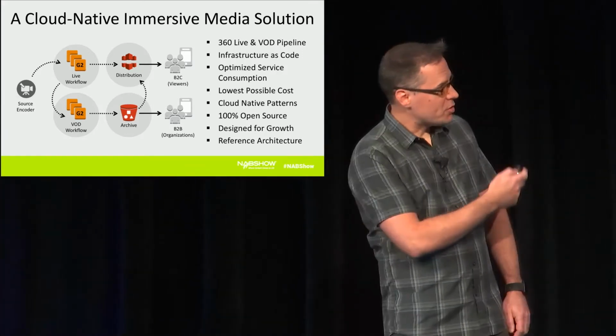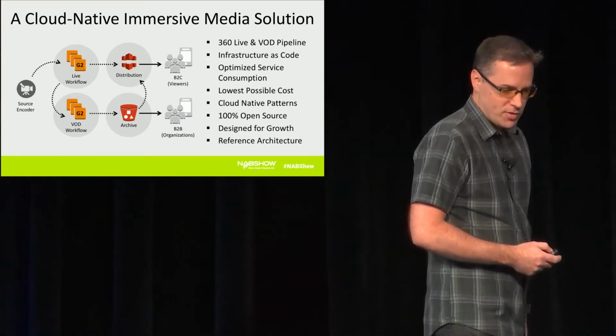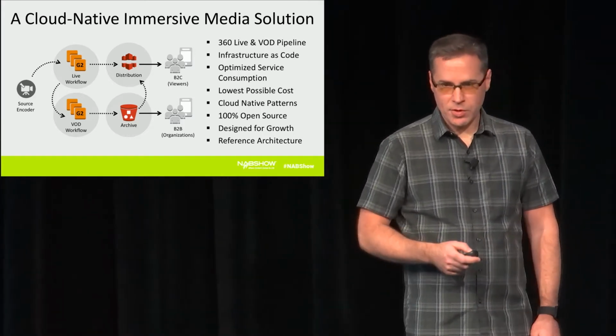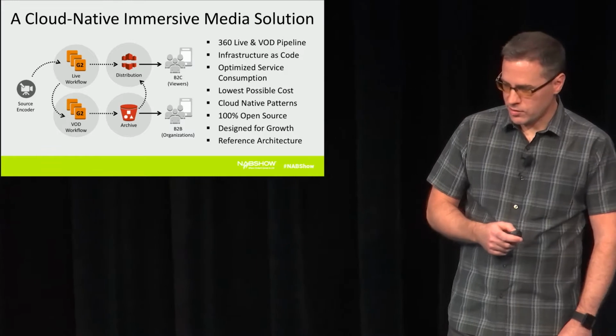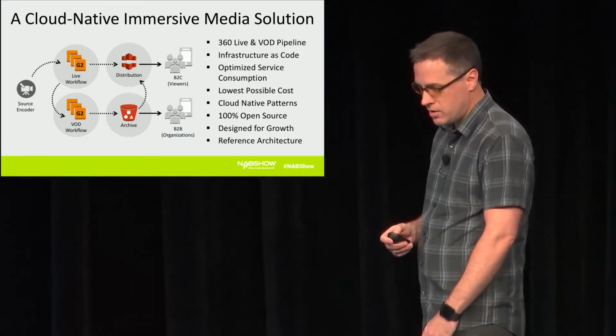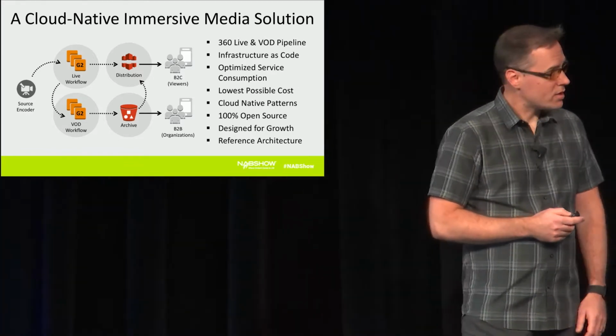So you can see there are a number of bullets here, things that we tried to stress upon and use as guiding items, if you will, in order to construct this. So 100% open source design that users can expand, cloud-native patterns, and optimal service consumption.